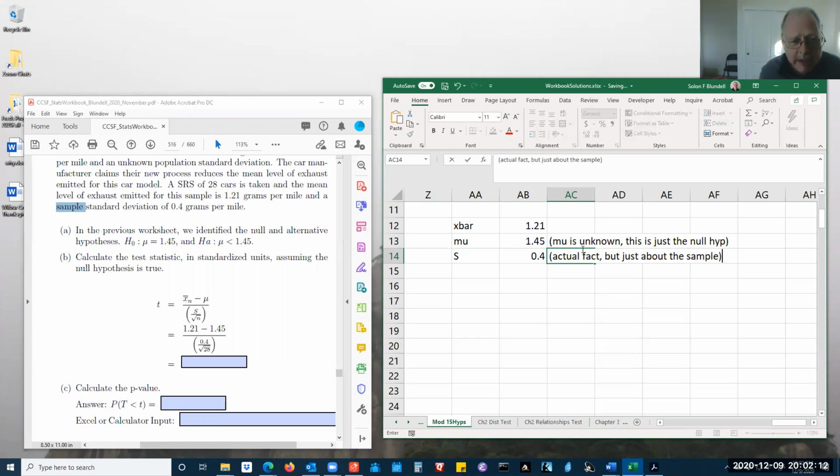As far as the population parameters are concerned, the mu and the sigma, we don't know either one of those. We just have a hypothesis. And this one here, the sample mean, it's an actual fact, but just about the sample.